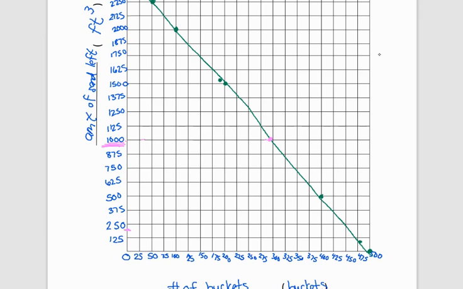I'm going to take that and go over to where it hits my green line. So I'm going to say something like here. I would say somewhere around 450, maybe a little over, 460. What did others say? Anyone have another answer?